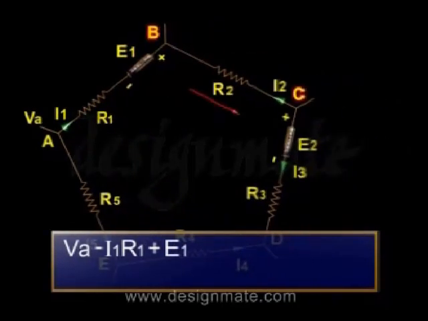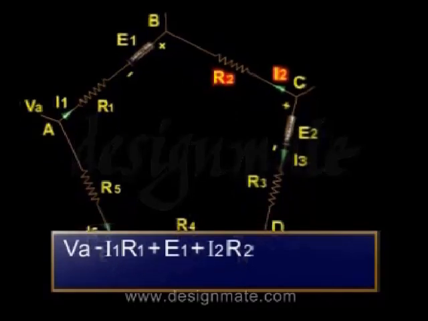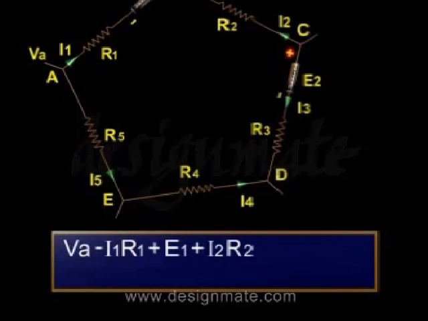In going from B to C, the direction of the current in R2 is from C to B. So the potential increases by I2R2. In going from the positive terminal of E2 to the negative terminal, the potential decreases by E2.